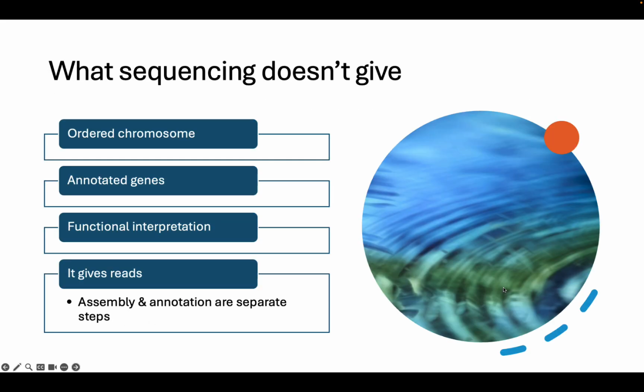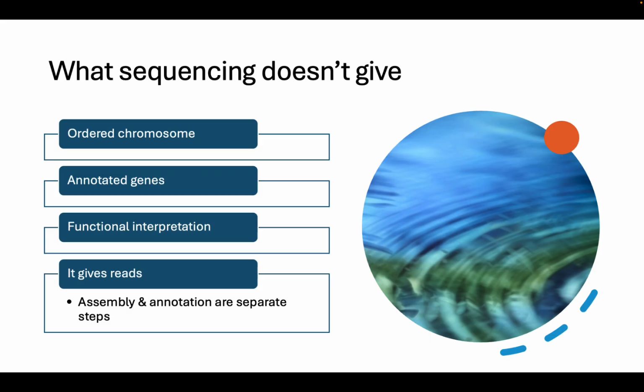Now, what does sequencing not give us? Well, it doesn't give us an ordered chromosome. It just doesn't. We'll talk more about how we can try to get there when we talk about assembly on Thursday. Sequencing does not give us annotated genes. How could it? It doesn't give us any functional interpretation.